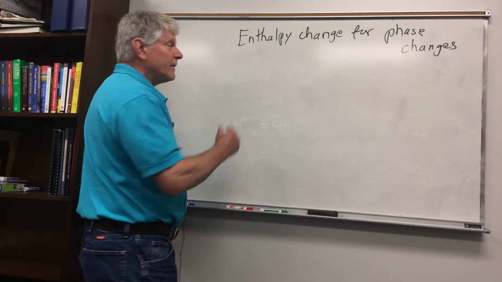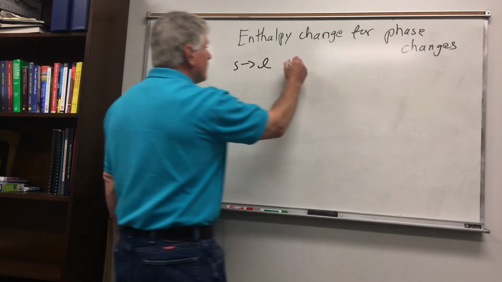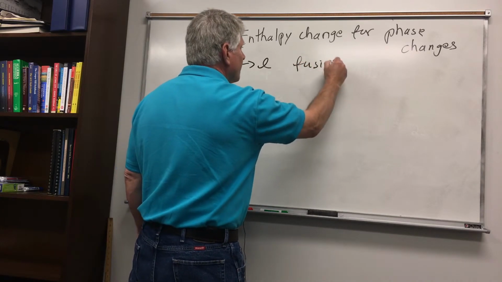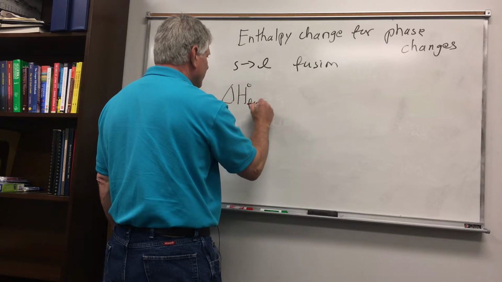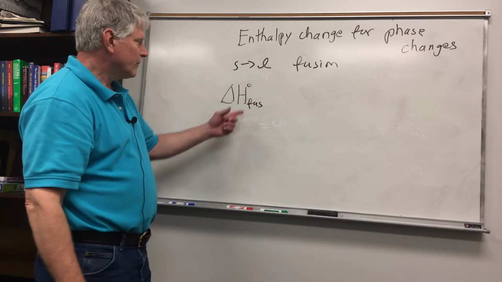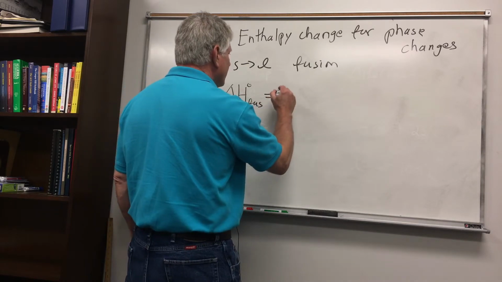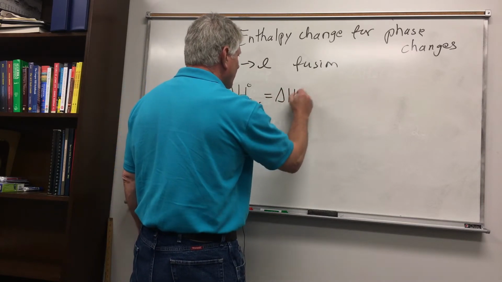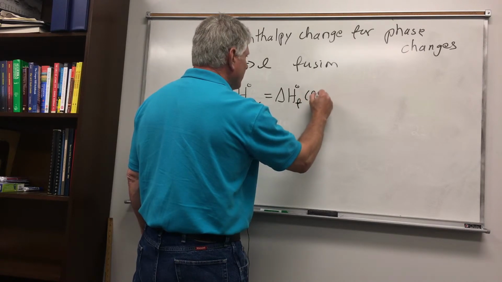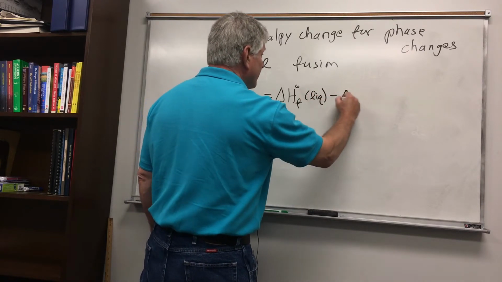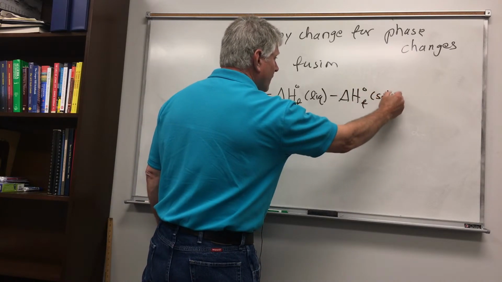So let's consider now melting water, solid going to liquid. This is called fusion. So we can have the enthalpy of fusion for water, and that's abbreviated FUS, and this is just equal to the enthalpy of formation of the liquid minus the enthalpy of formation of the solid.